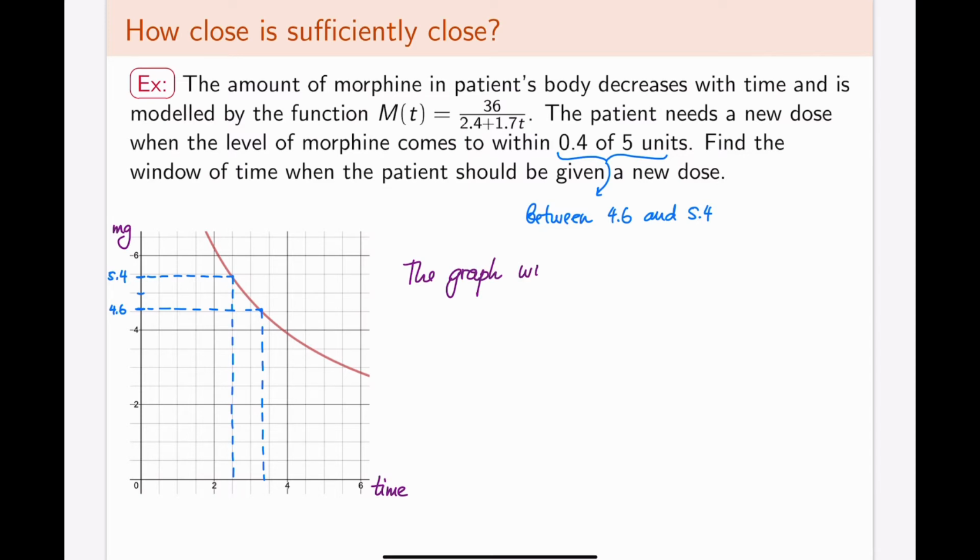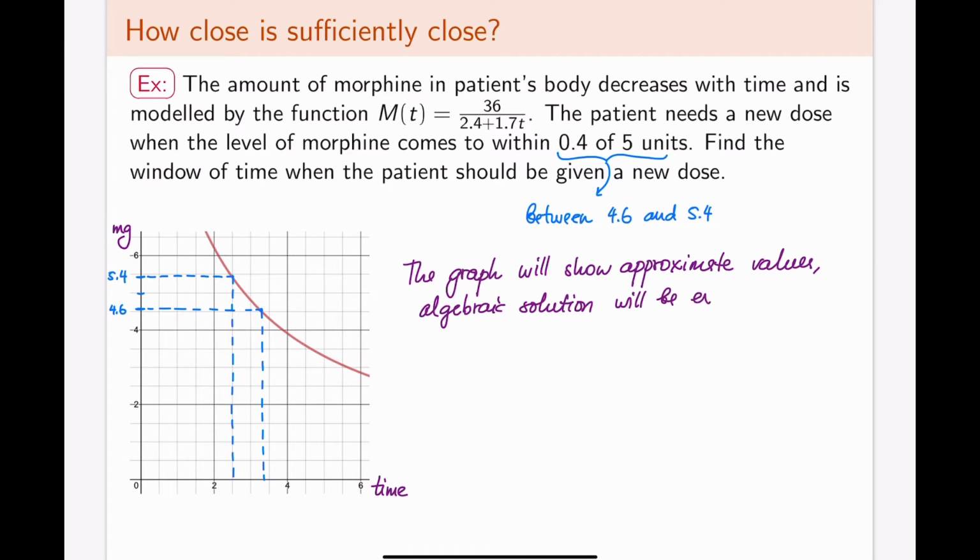A lot of times, graphs are very useful, but they're never precisely accurate. When it comes to administering drugs to people, we certainly want to be sure. So the graph will show approximate values, and of course, the graph can confirm what your algebraic solution will be, but you still need to actually solve this algebraically. Algebraic solution will be exact.